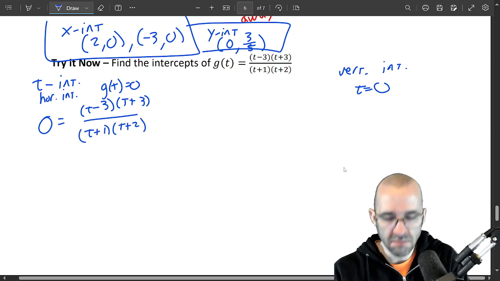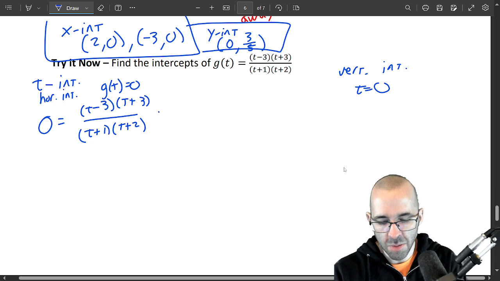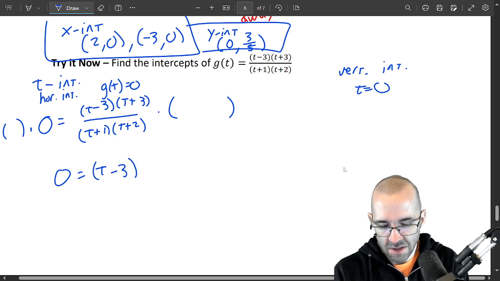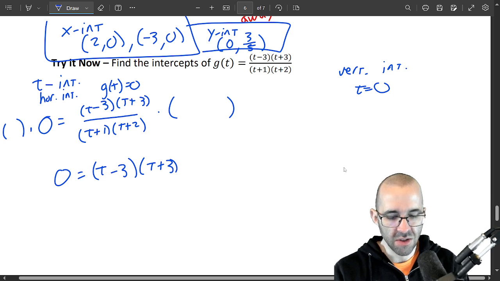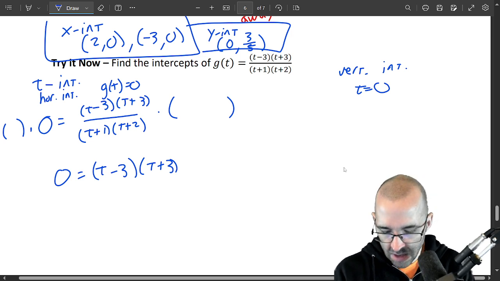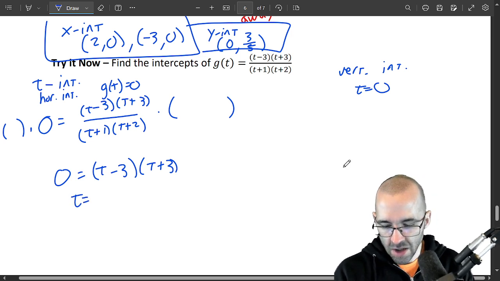If you want to be lazy and not write out all the multiplication, you can. It's going to be true when 0 is t minus 3 times t plus 3. And again, this is only true when t is not equal to -1 or -2. Probably won't be a problem in this class. So our horizontal intercepts are when t is +3 or -3.